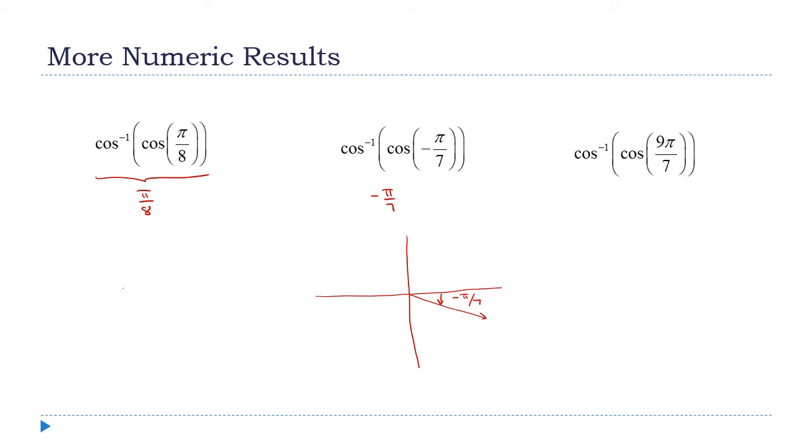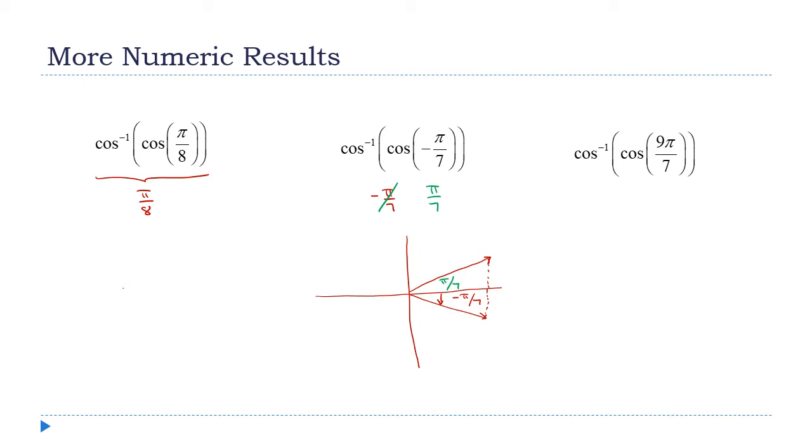So I need an angle that has this same x coordinate. Well, if I bring this up here, that's going to work, right? And that angle is pi over 7. So there's my answer, right? It's actually positive pi over 7.